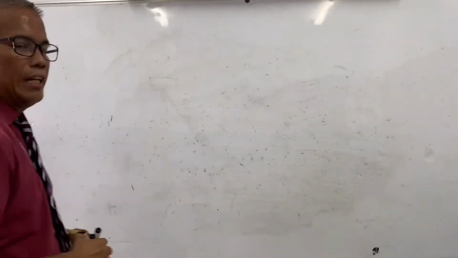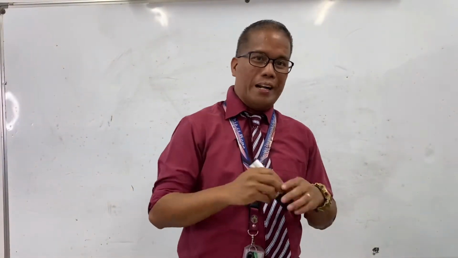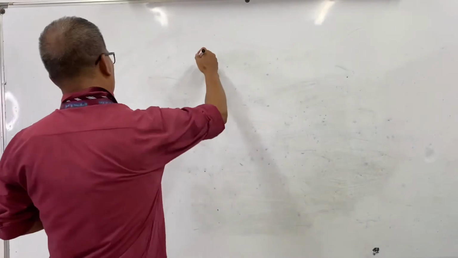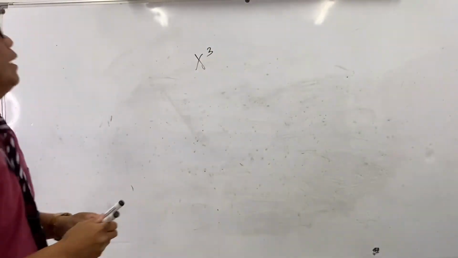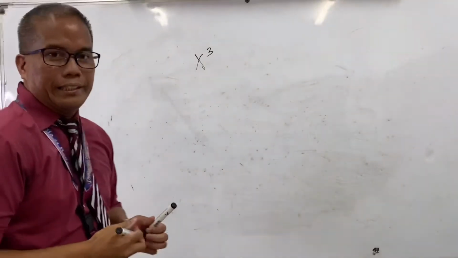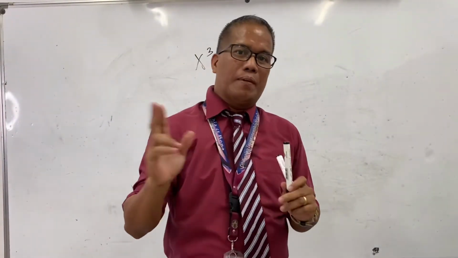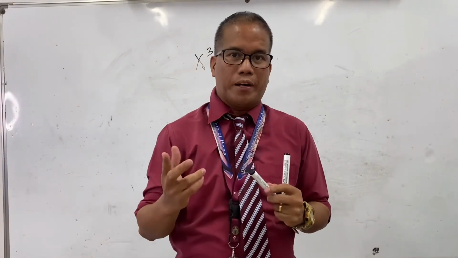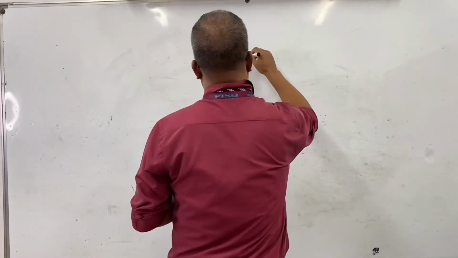So here the question was the sum of the cube of a number. When you say cube of a number, it can be written as x cubed. Then 12 times the number, changing it to a mathematical expression, becomes 12x.